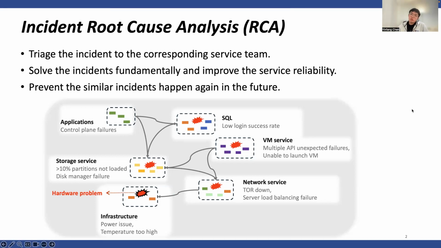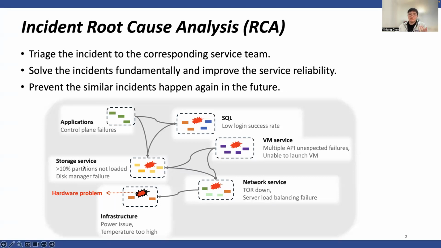In this motivating example, the root cause is a hardware problem. For example, the CPU temperature is very high, or the machine is down, etc., in the cloud infrastructure. But this root cause could have a lot of ramifications.